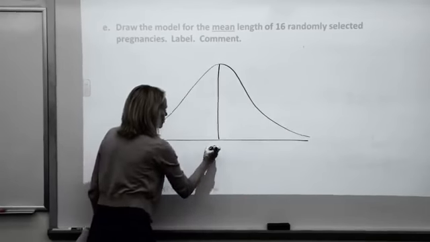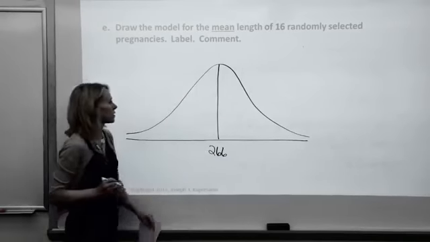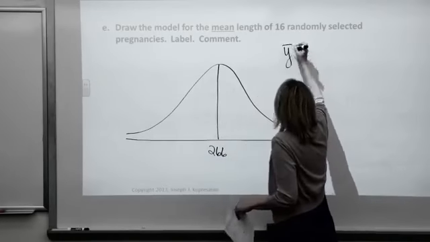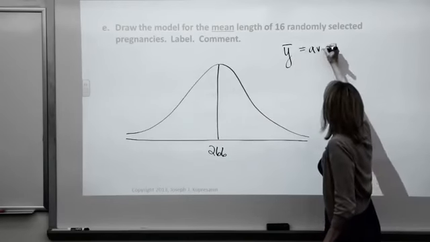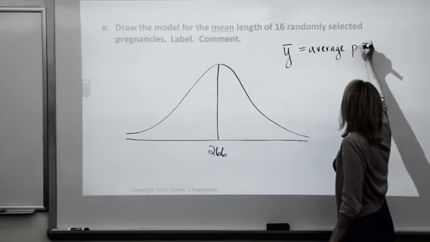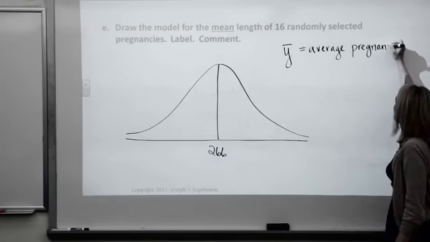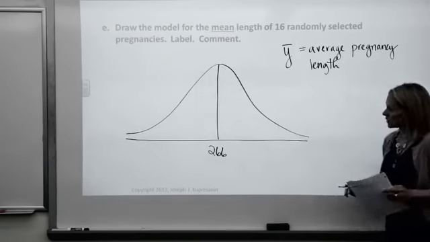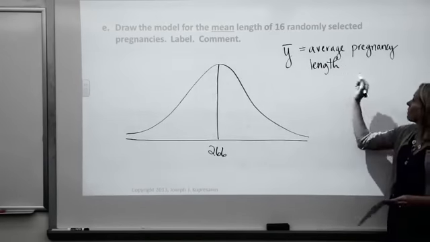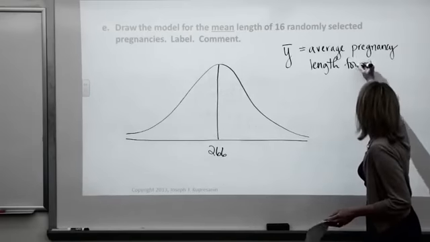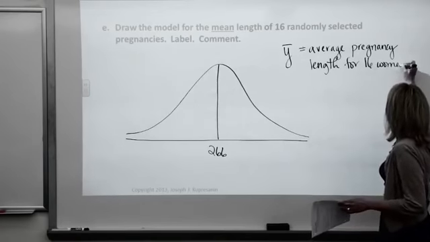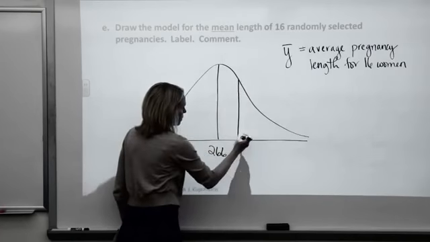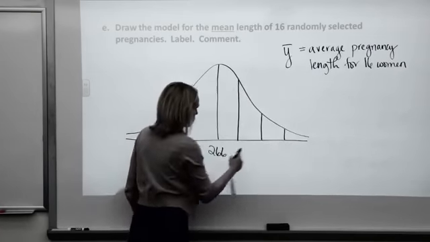So still centered at 266 days, but this is something different now. This is no longer Y. This is the sample mean, not individual pregnancy lengths, but average pregnancy lengths for 16 women. And again, we can go out 1, 2, and 3 standard deviations, but the standard deviation now is only 4.